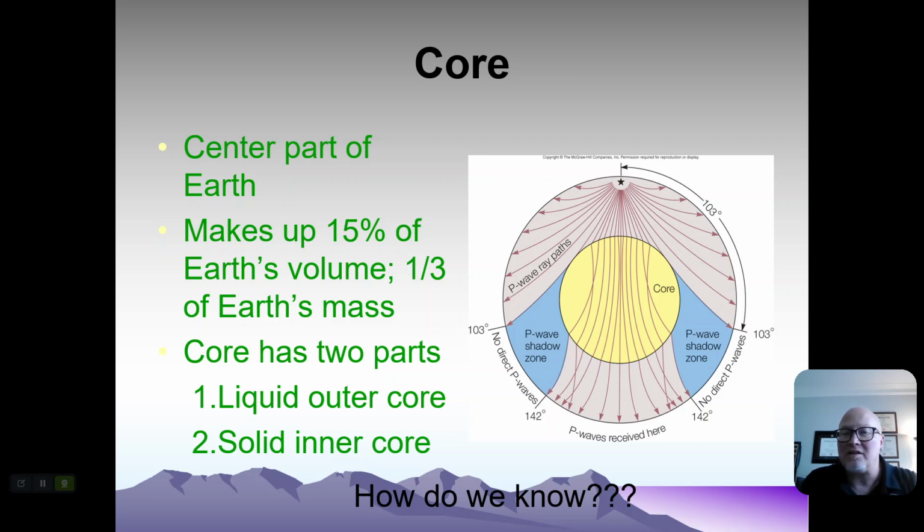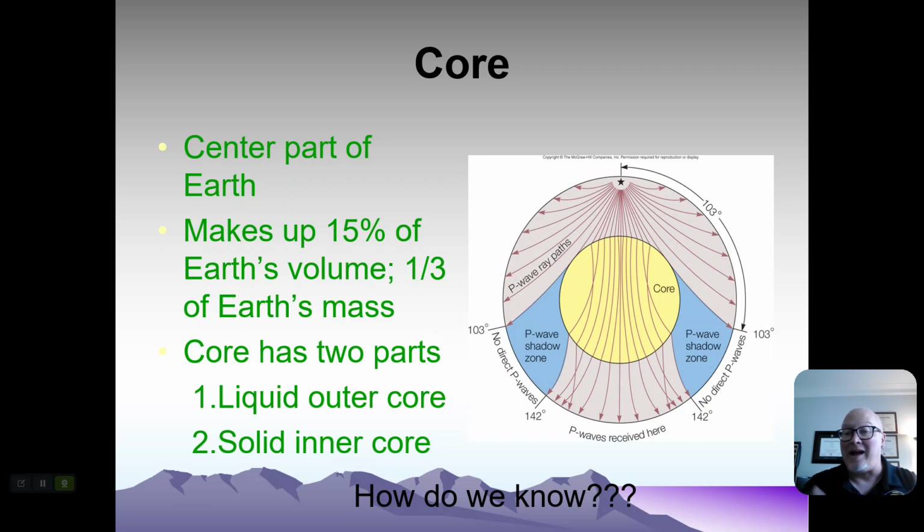We know this because, think back to what we have talked about with waves. Waves change speed and thereby refract when they go through different substances. So whenever there is an earthquake on the Earth's surface, we can measure seismic waves going through the Earth.